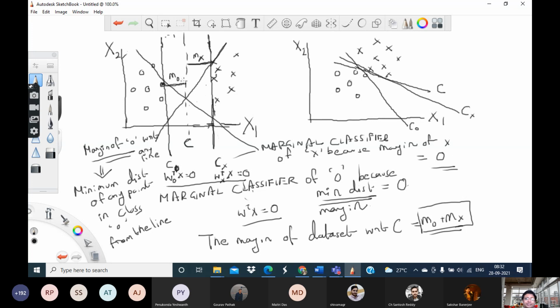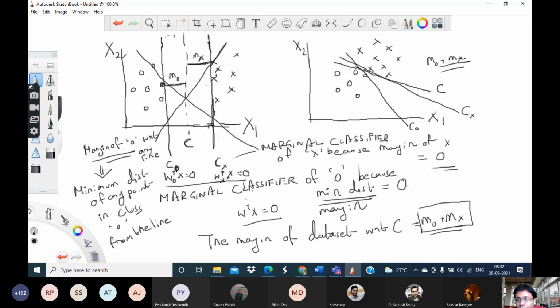As I said, this is any random line separating the two classes, and the data set has a margin with respect to this line C, which I have defined as M0 plus Mx. Now if I come to this data set, I call this C a line which separates the two classes. Again here also it will have some margin, some M0 plus Mx.